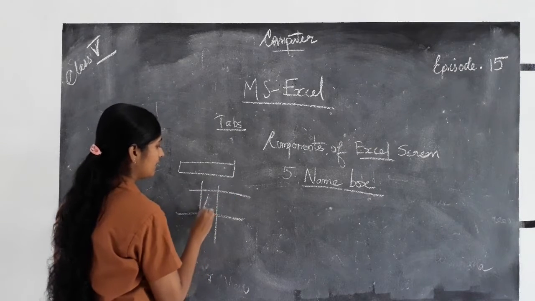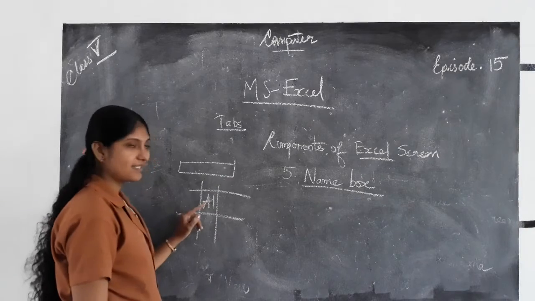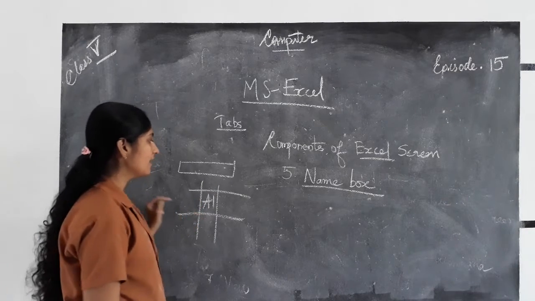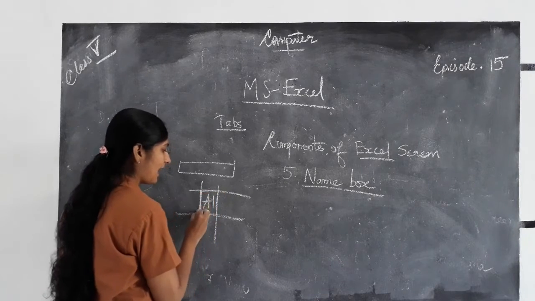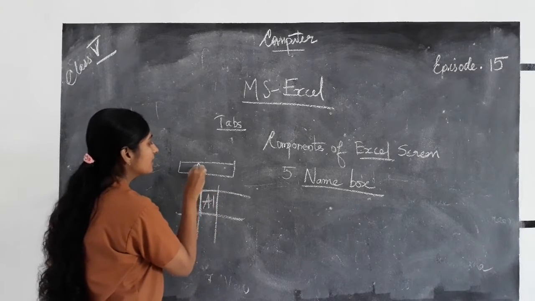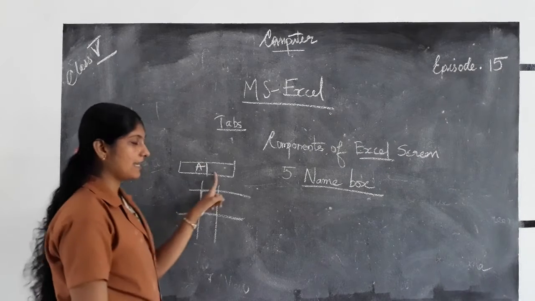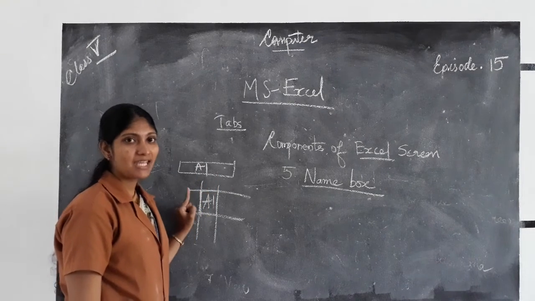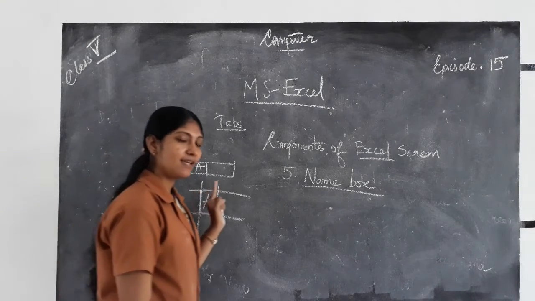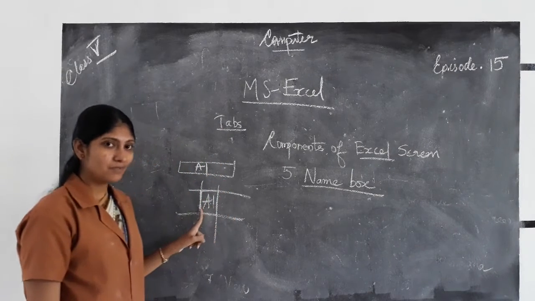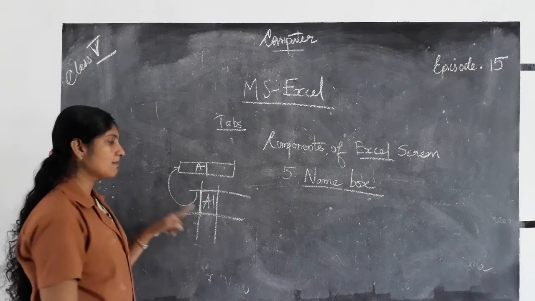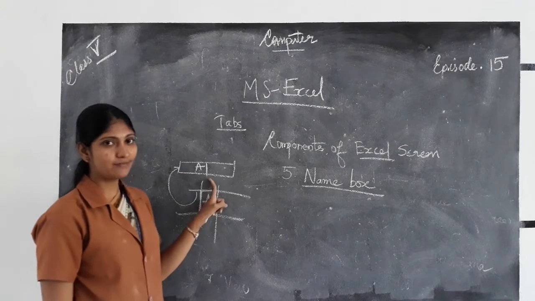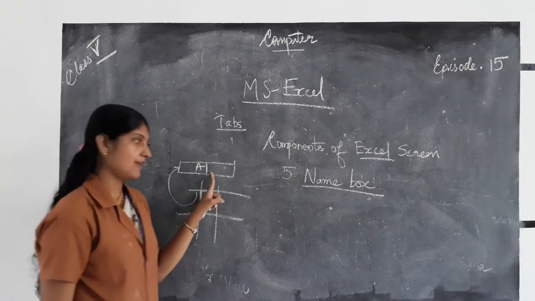Imagine this is the address A1. When we make this cell active by clicking the mouse pointer on that particular cell, the name or the address of that cell will be displayed on the name box.